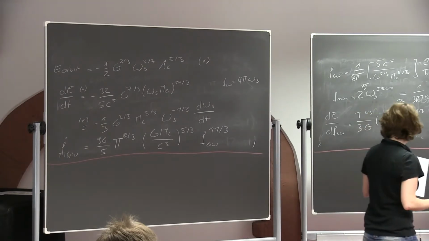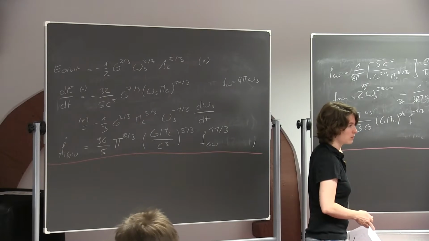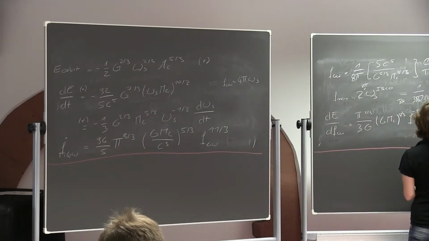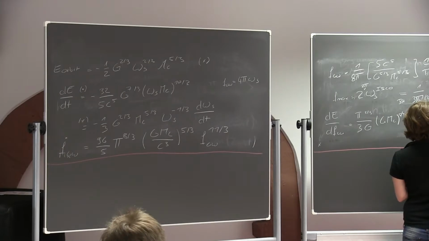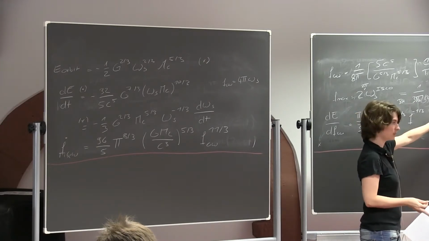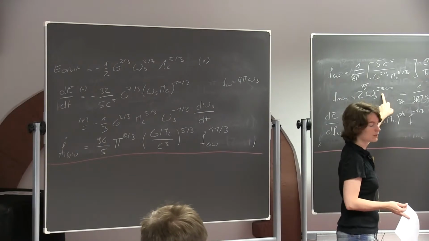And now we can compute the total energy loss. The total energy loss is the integral over dE/df from some minimal frequency, which is roughly when the system forms, until the maximal frequency, which is the frequency associated with the ISCO.